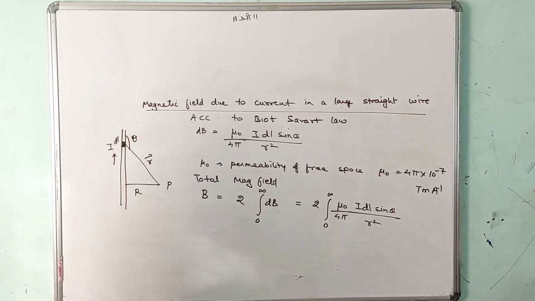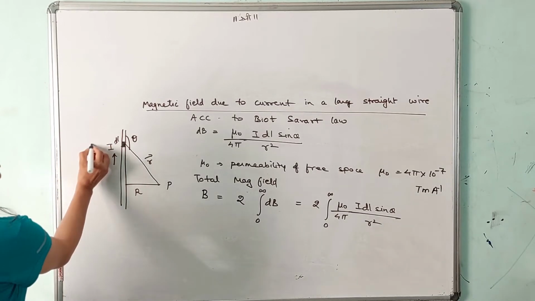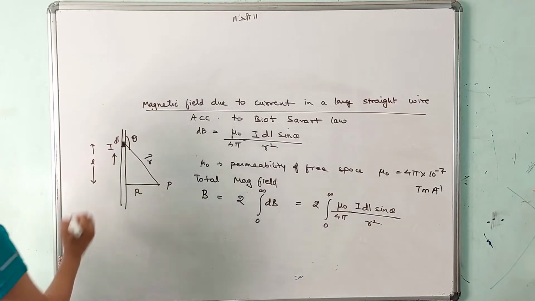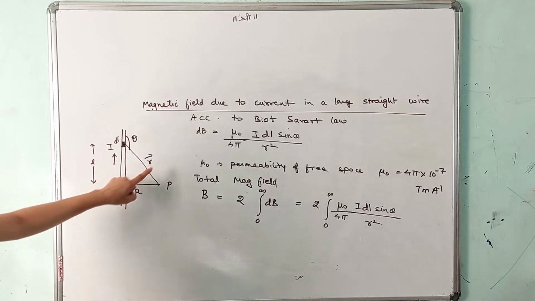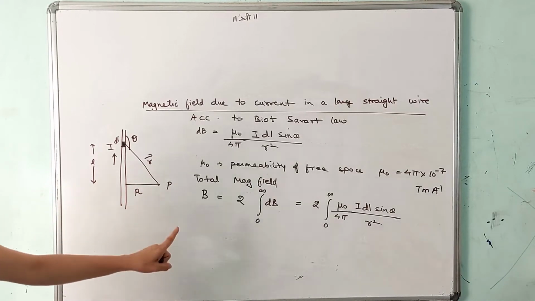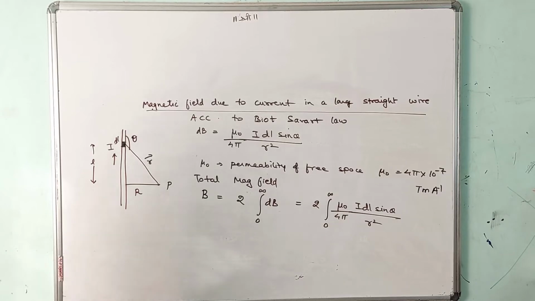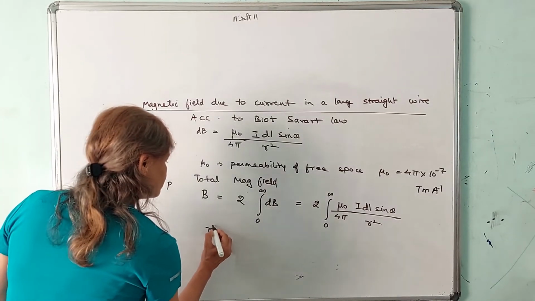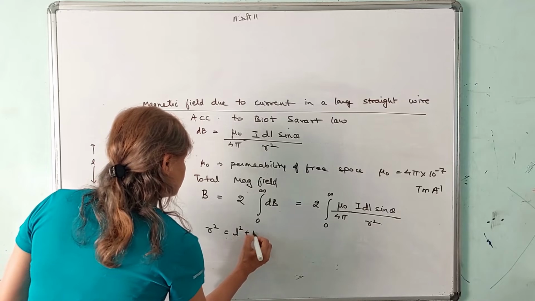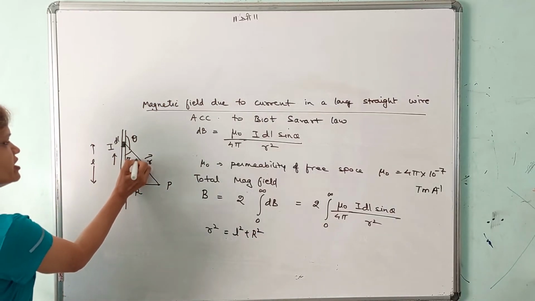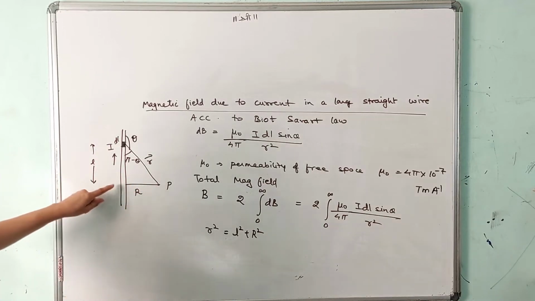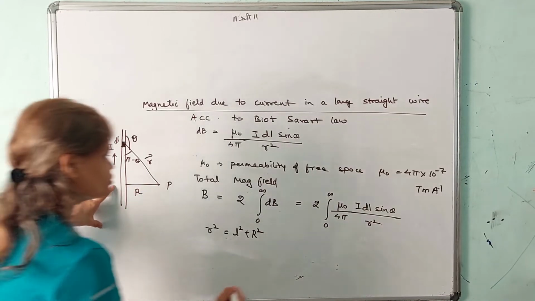Now, you can just see this. We have to consider this much length as L of the wire. So we have a relation: small r square is L square plus capital R square. And one more thing, now this angle is pi minus theta. We can again consider this triangle and use trigonometry.